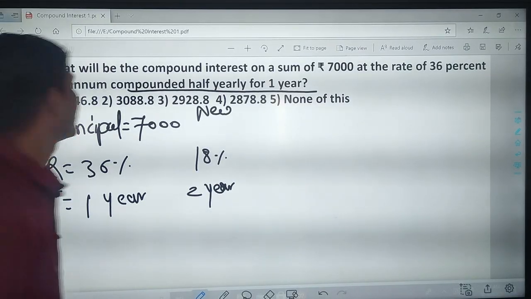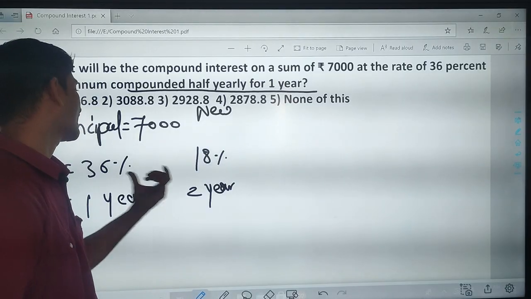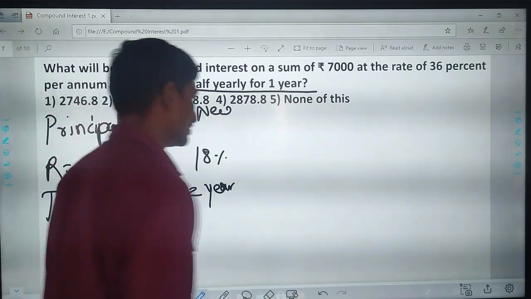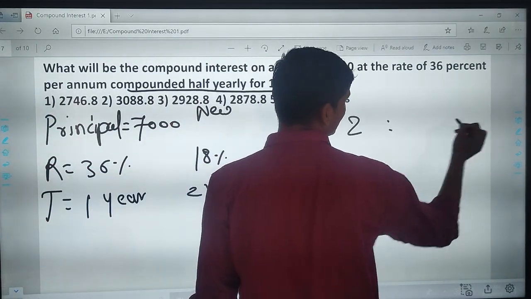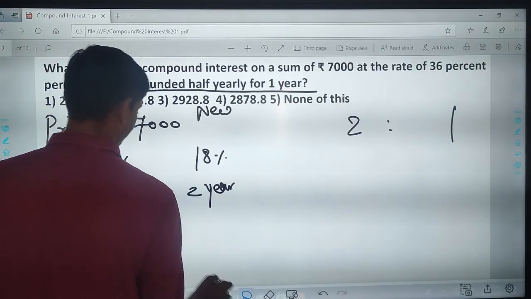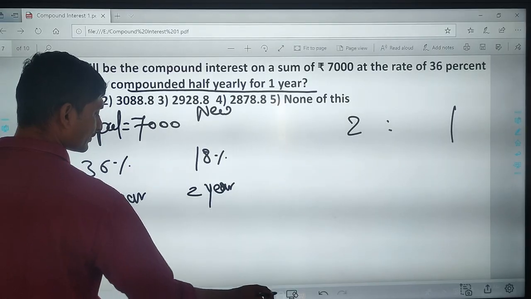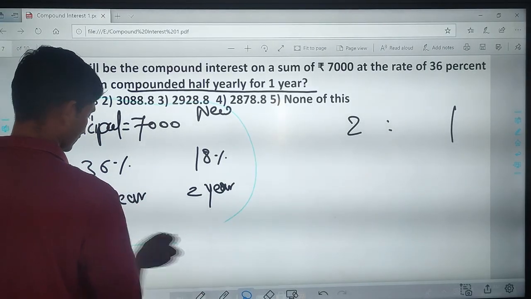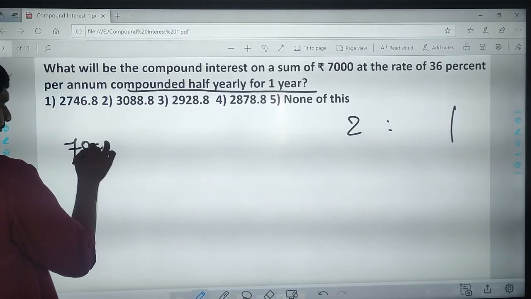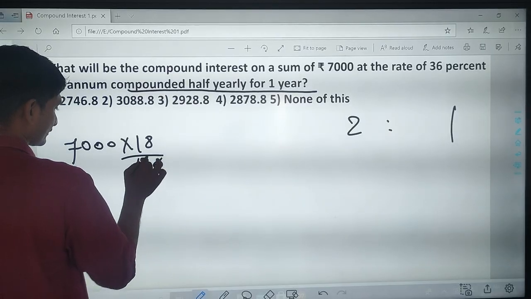Now here we find the interest on 7,000 rupees at an interest of 18% for 2 years. We write 2 as 2 and 1. Now here we get 18% of 7,000. Firstly we get 18% of 7,000, 7,000 into 18 divided by 100.